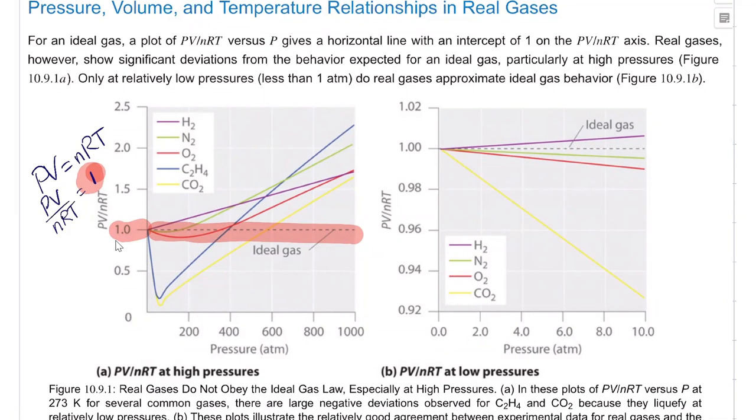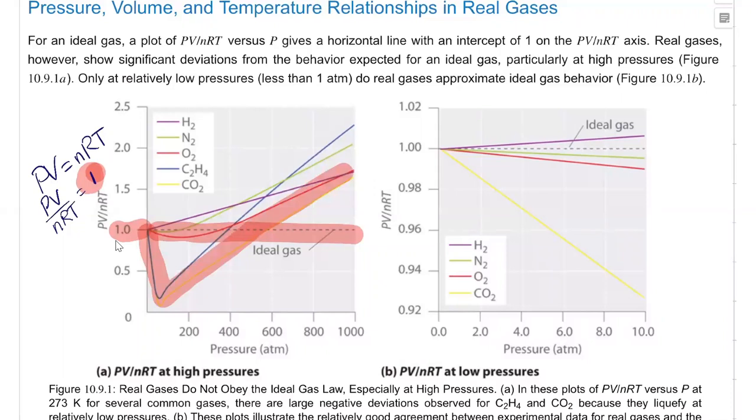Now look at some of these actual gases, real gases. You'll notice whether you're hydrogen, nitrogen, oxygen, ethene, C2H4, or carbon dioxide, no matter which real gas we pick, none of them look like they behave at all like an ideal gas. Look at carbon dioxide on here. Its behavior falls way down and then goes way up like that.